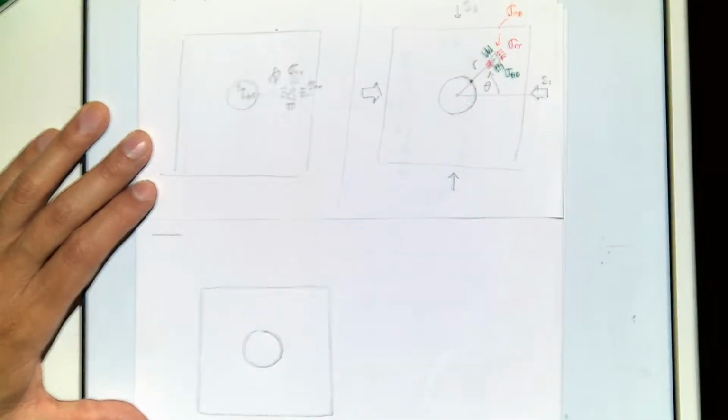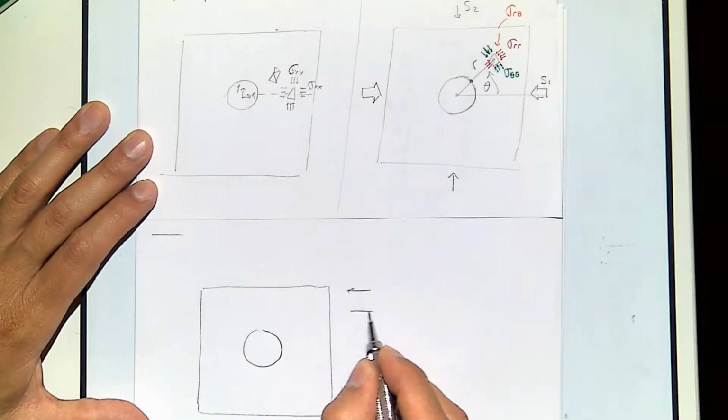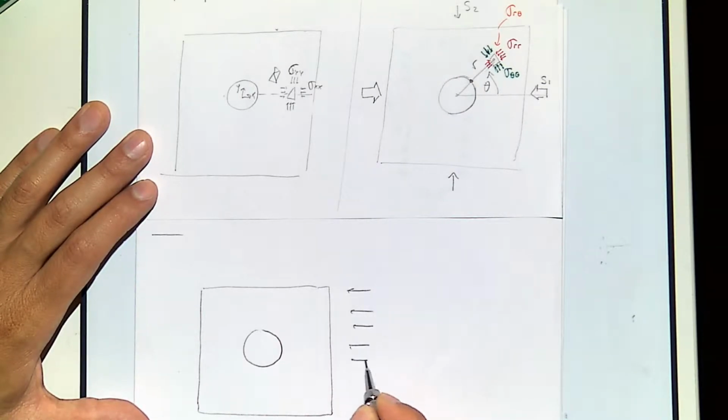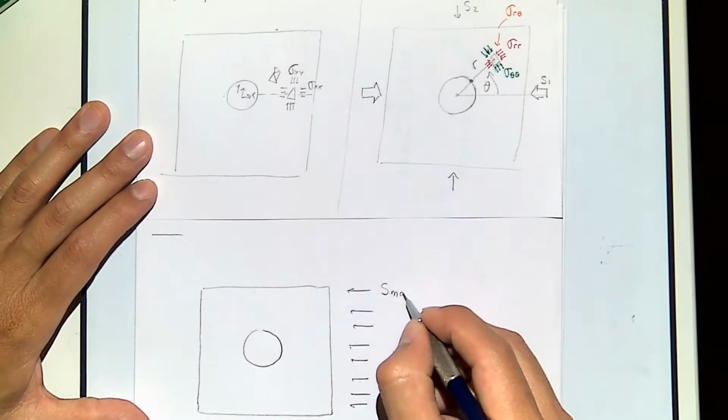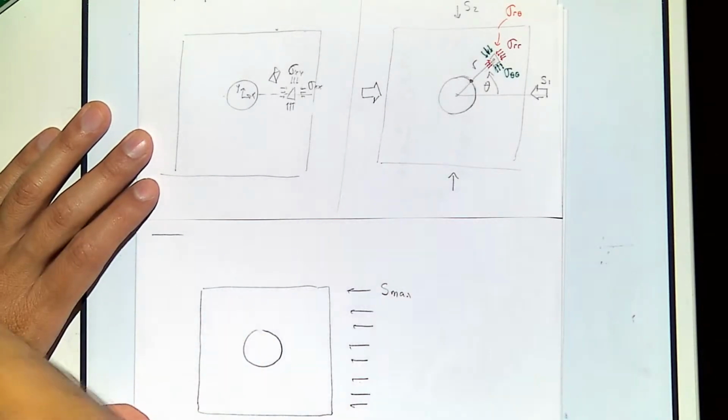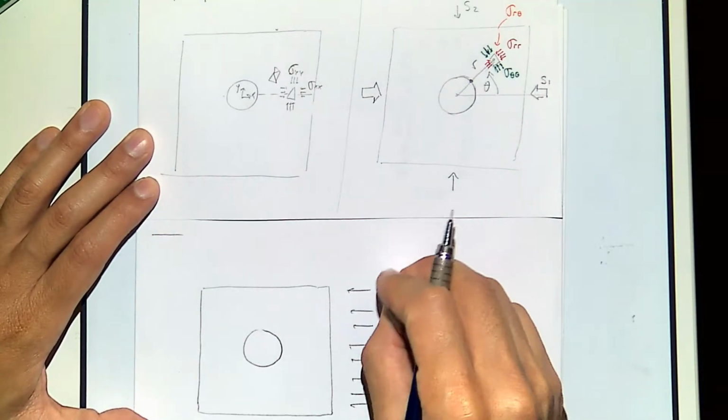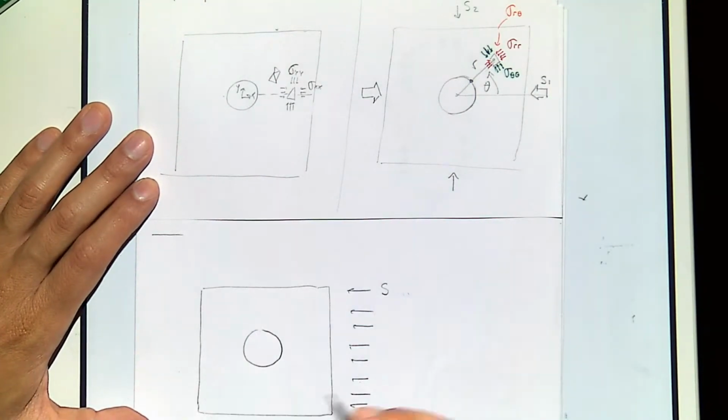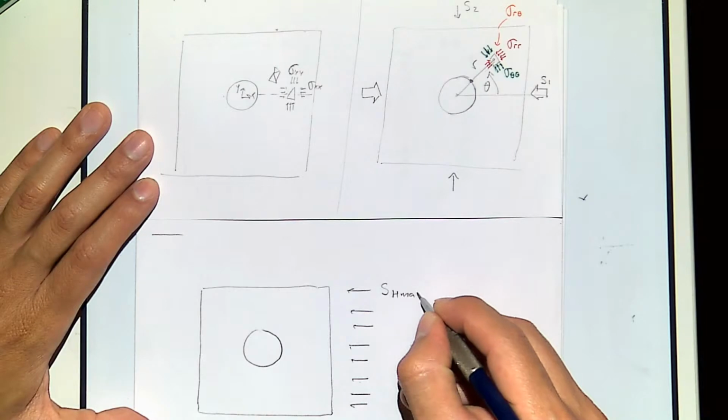If this is a wellbore, and let's say I have the maximum stress in this direction, let's assume that this is a vertical wellbore, but you don't have to do that assumption necessarily.